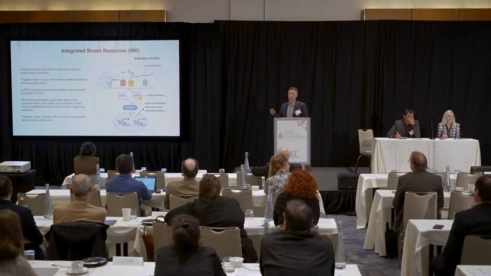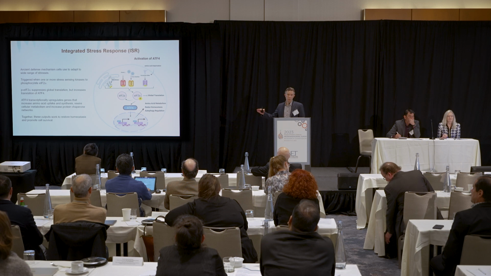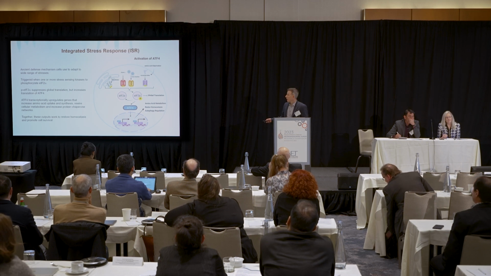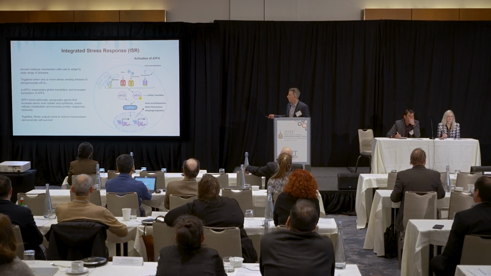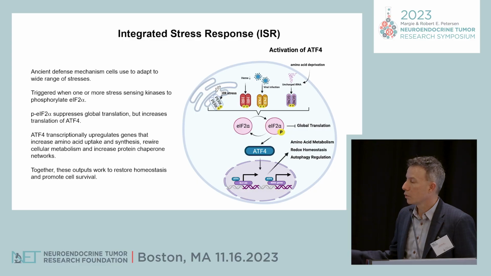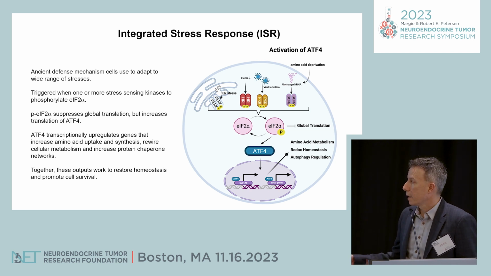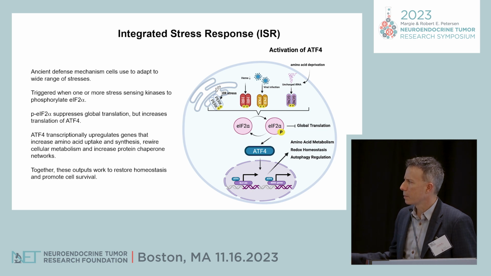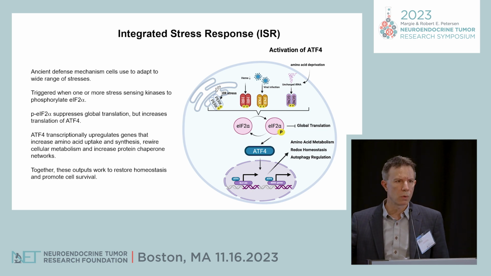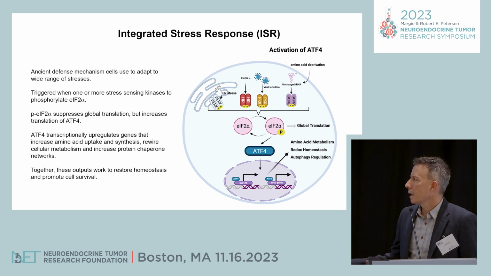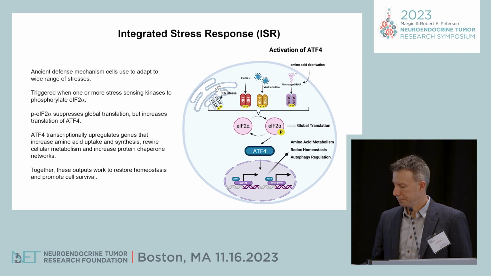When EIF2 alpha is phosphorylated, it suppresses cap-dependent protein translation globally, but then ATF4, because it has an internal ribosomal entry site, becomes a privileged transcript and is highly translated in this scenario. And ATF4 then upregulates a whole bunch of amino acid uptake mechanisms, synthesis mechanisms, rewires metabolism, promotes homeostasis. And together, these outputs attempt to restore homeostasis and promote cell survival.